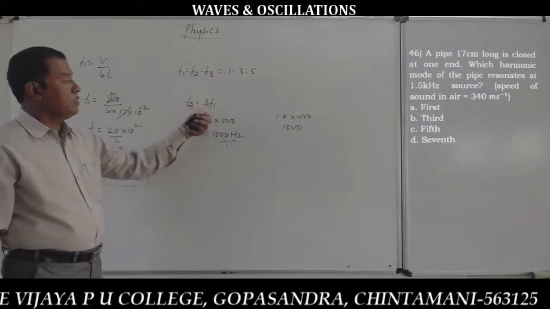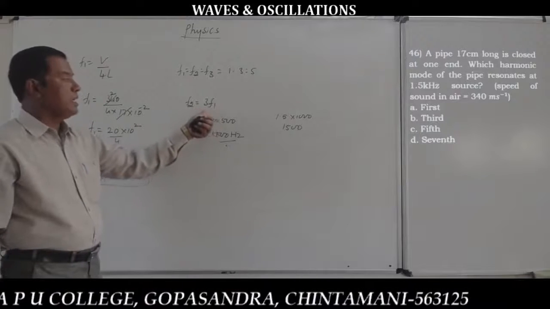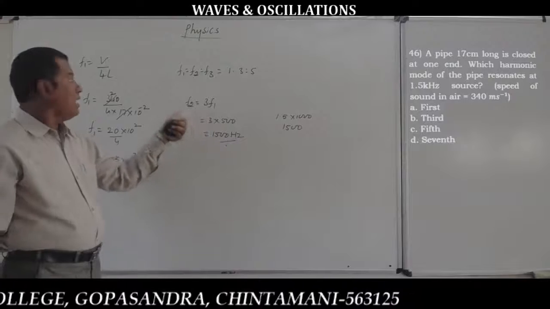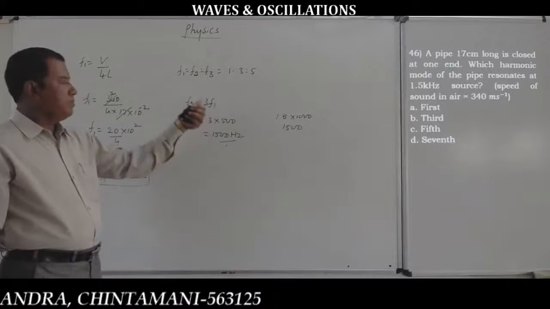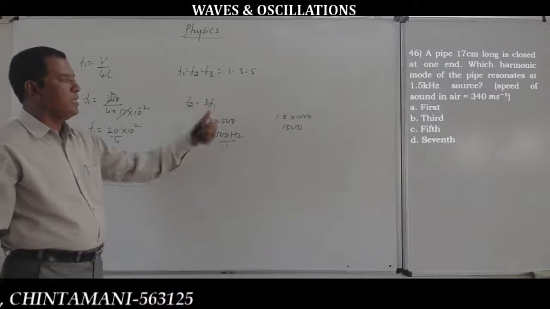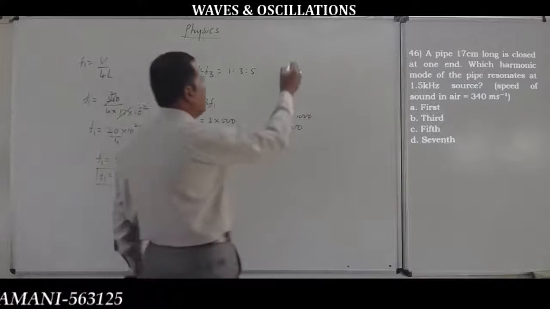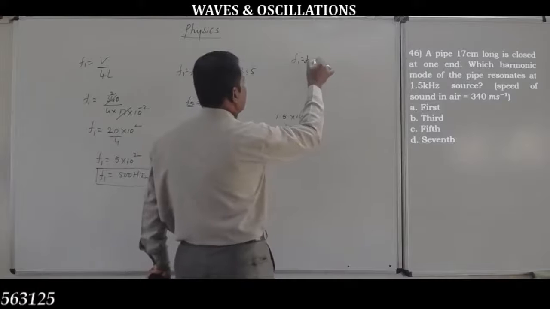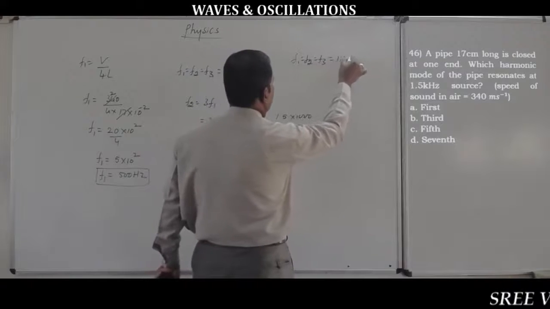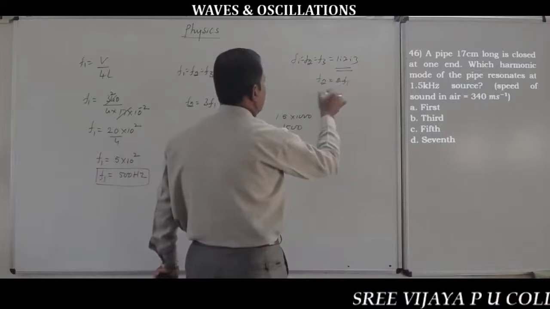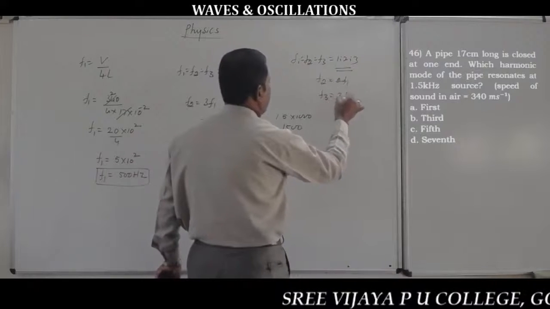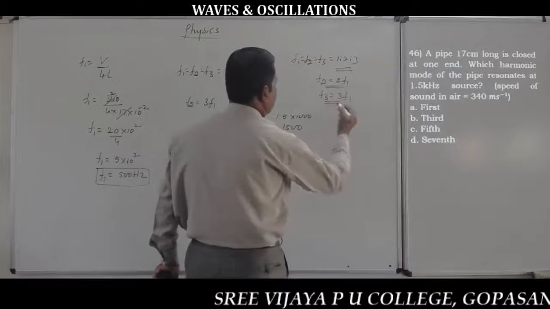But since F2 is equal to 3 times F1, while dealing with the closed pipe, this should be taken as the third harmonic. If you consider the open pipe, you will get F1 is to F2 is to F3 is equal to 1 is to 2 is to 3 and so on. Here F2 is twice F1, F3 is thrice F1. Now this is the second harmonic and this is the third harmonic.